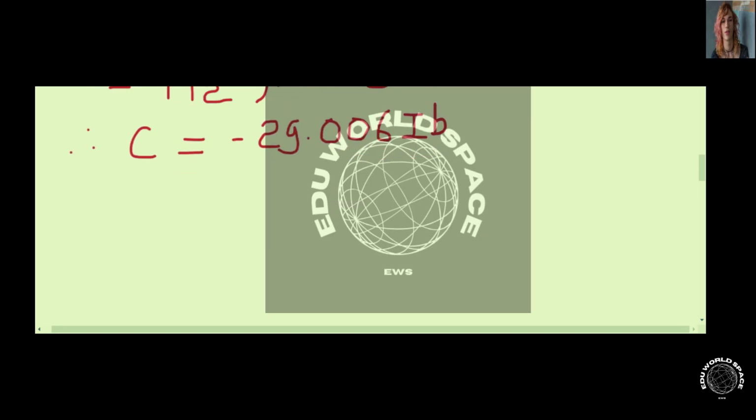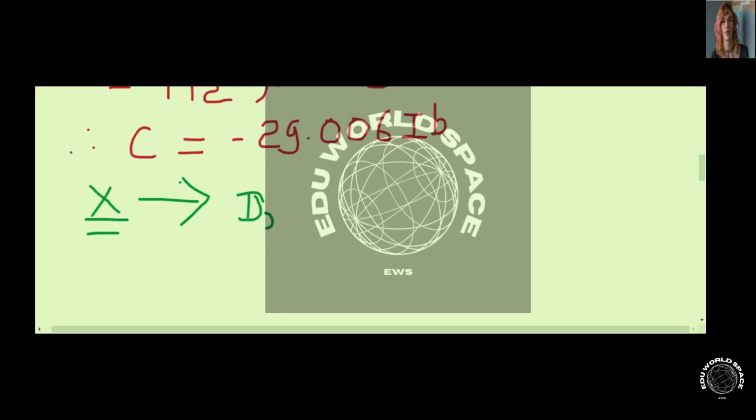Okay, let's move further and talk about the x component, and then we will talk about the y component. Calculating for the x component, I'm going to mention it as Dx.